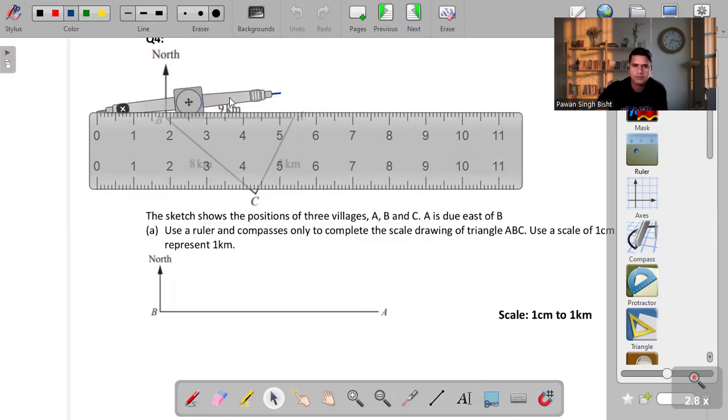Yeah. So this is 5. You see this is 5 centimeters.